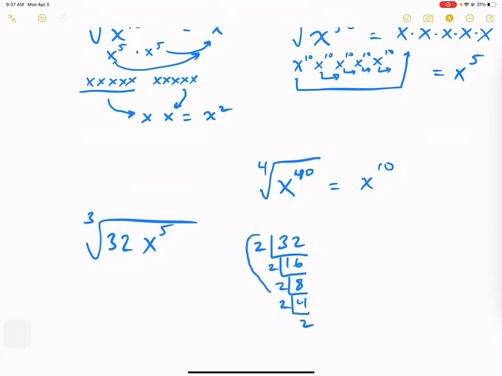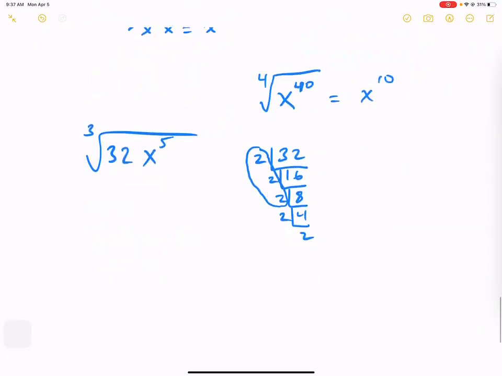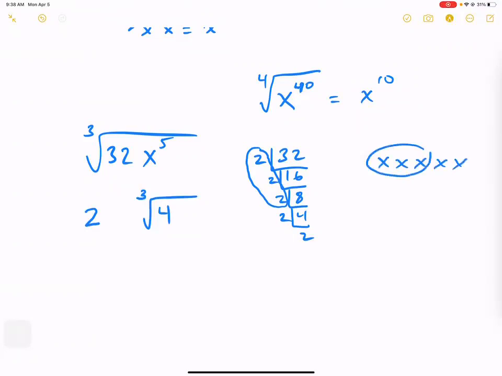So I'm going to circle it so it's kind of obvious. I used up 3 of them. So yes, we have one 2 that comes out, but we also have two 2's left, so that's going to multiply back to 4. I have 1, 2, 3, 4, 5 x's. I'm looking for sets of 3.